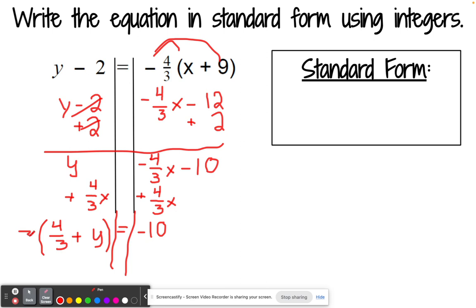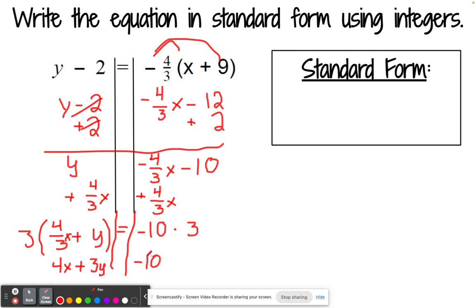That will get rid of that 3 right here. 3 times 4/3 x is 4x. 3 times y is 3y. And then 3 times negative 10 is negative 30.